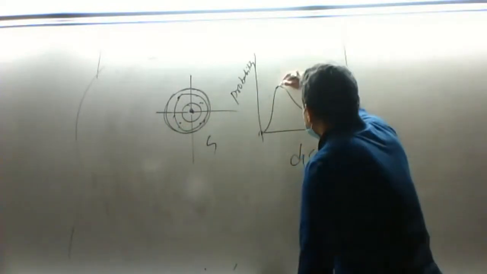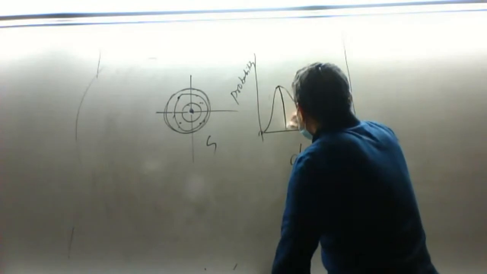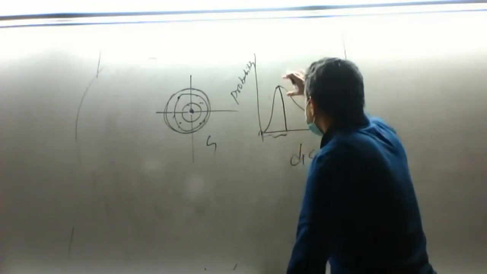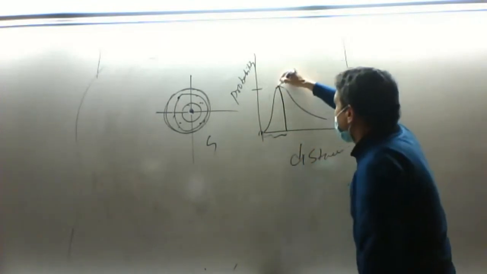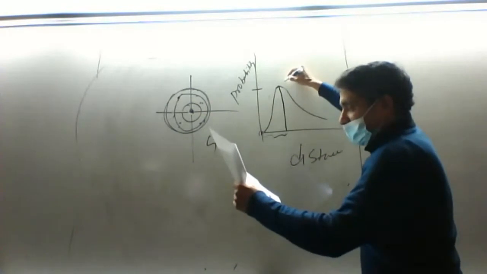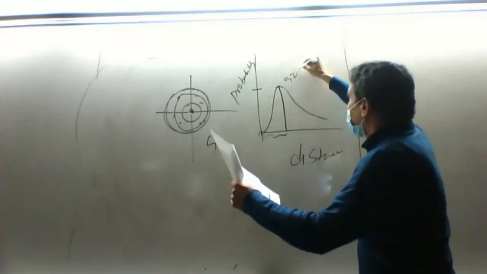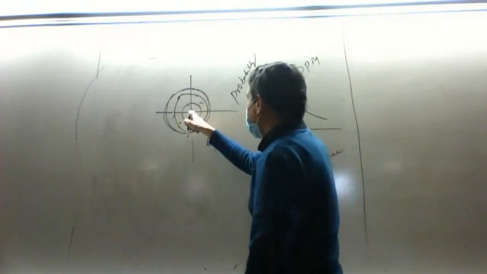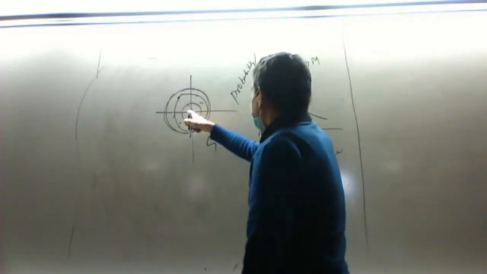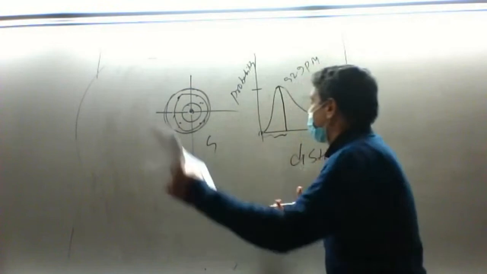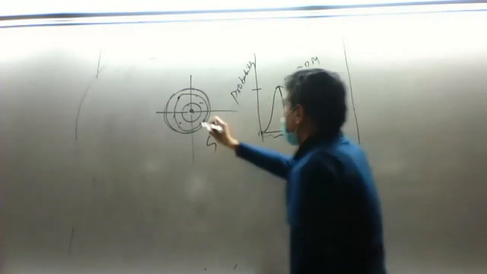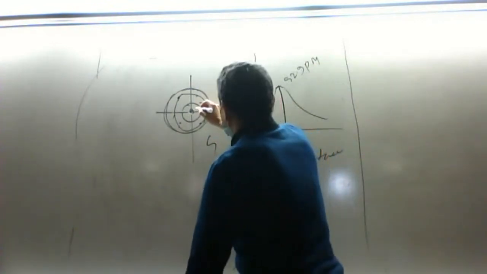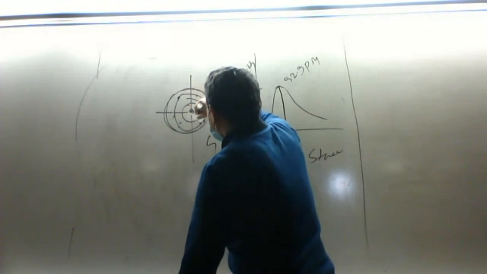The distance from the nucleus to this maximum probability was found to be 52.9 picometer.